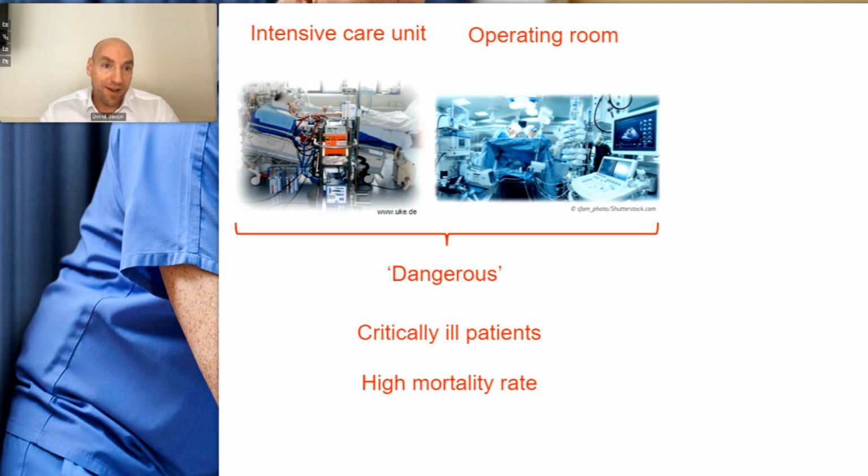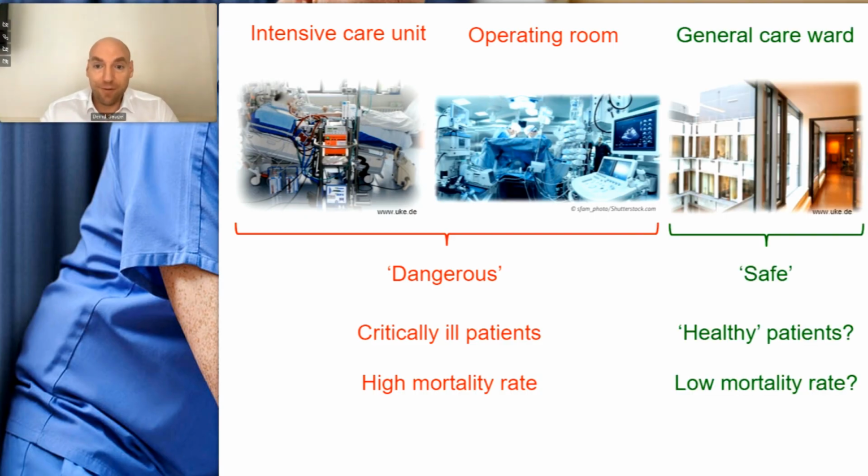I think during the last decades, we established a thinking of, okay, intensive care units and operating rooms are the dangerous places where patients are critically ill, patients where there's a high mortality rate, and general care wards are the safe spaces, the safe environments within a hospital where the more or less healthy patients are and where mortality rates are low.